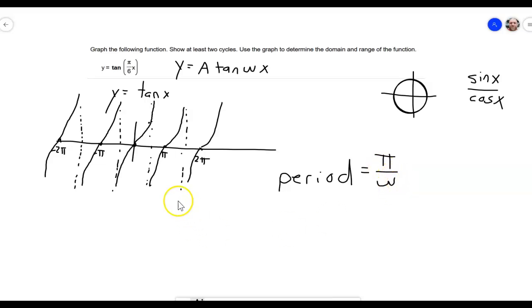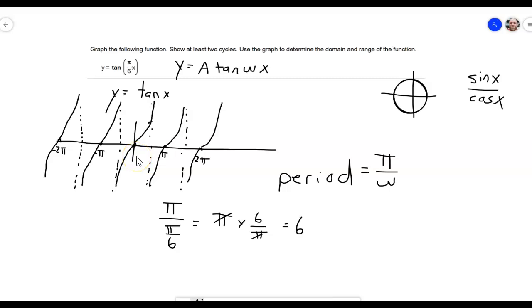So in this case, our period is equal to pi divided by pi over 6, and that would be equal to pi times 6 over pi. The pi's cancel out, and I'm just left with 6. So this thing is going to get stretched.